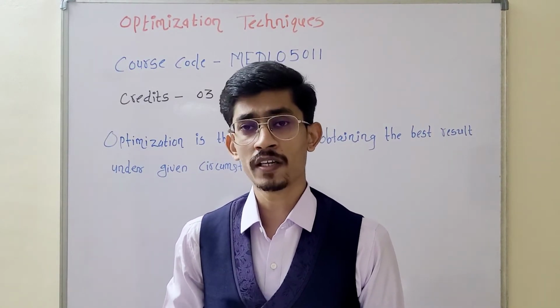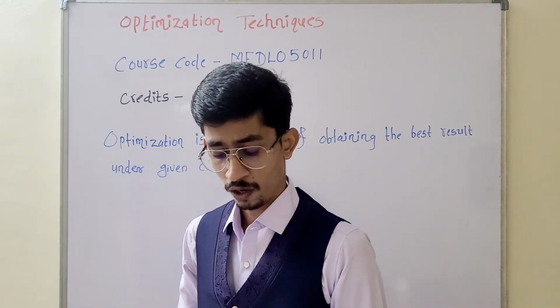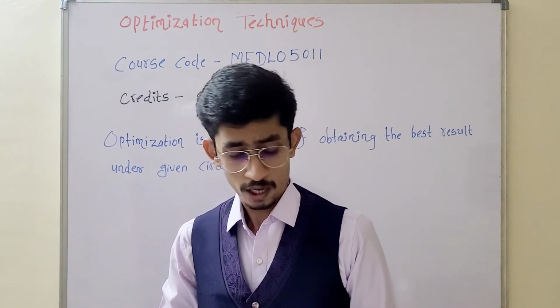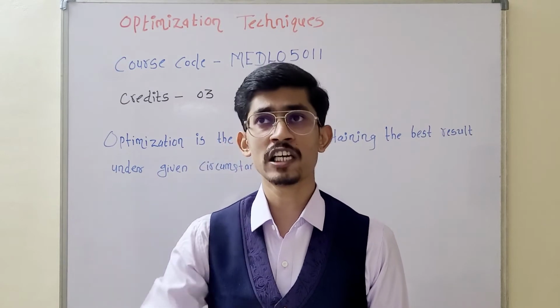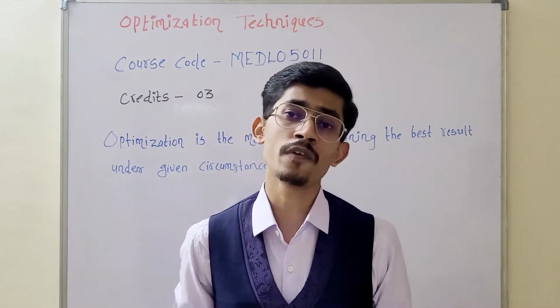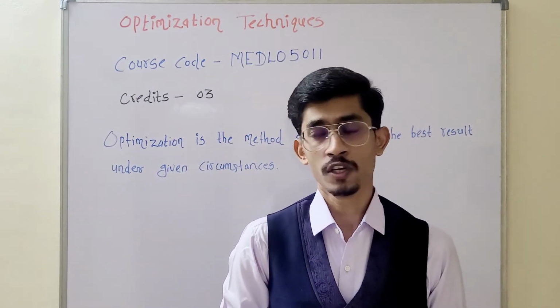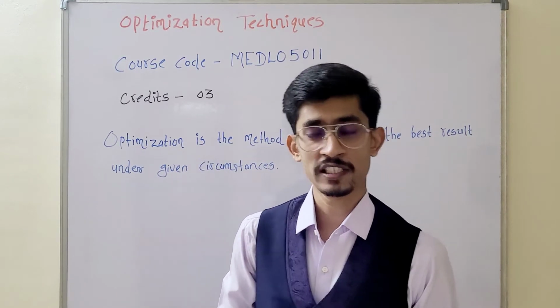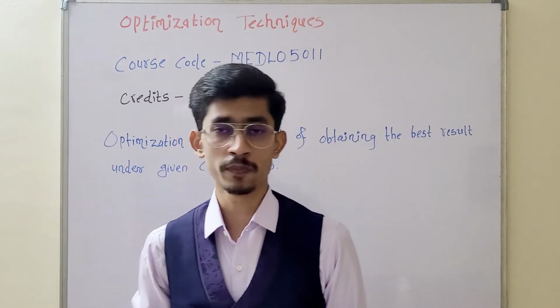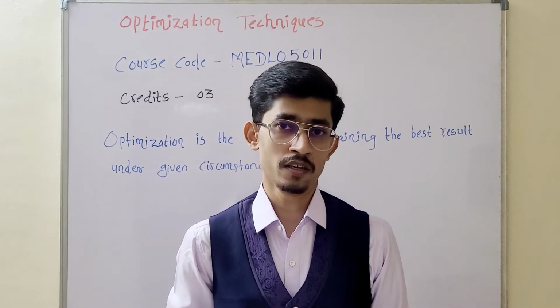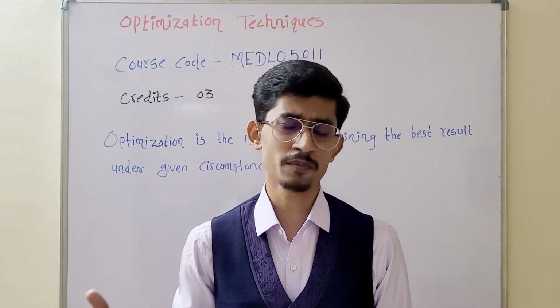How can I elaborate this definition? It is defined as choosing the best element from the set of available alternatives. Suppose a salesperson has to travel in Mumbai to sell his components or for some sales purpose.